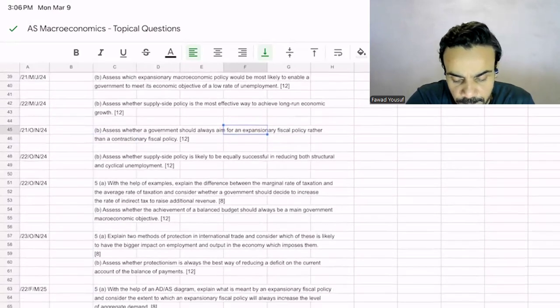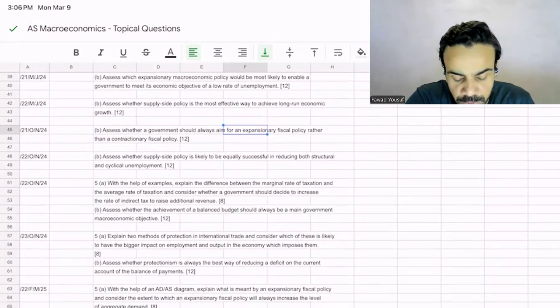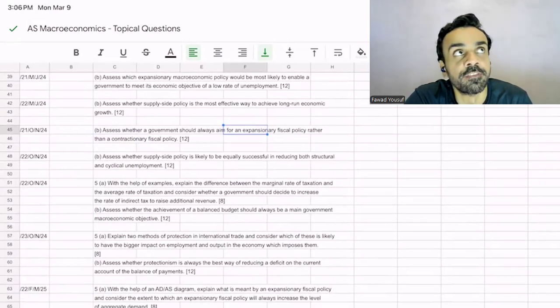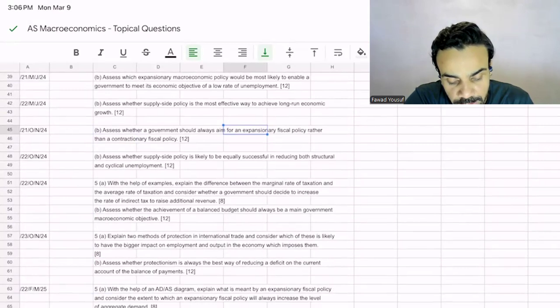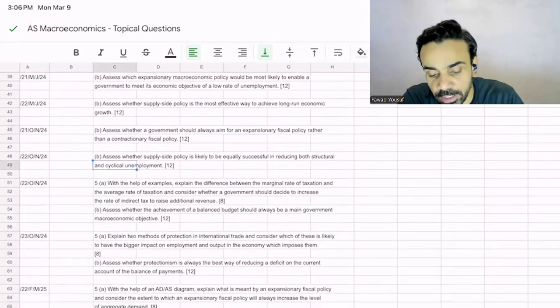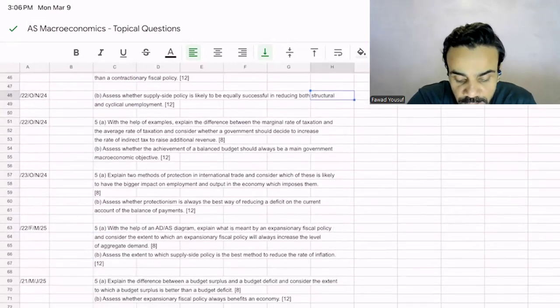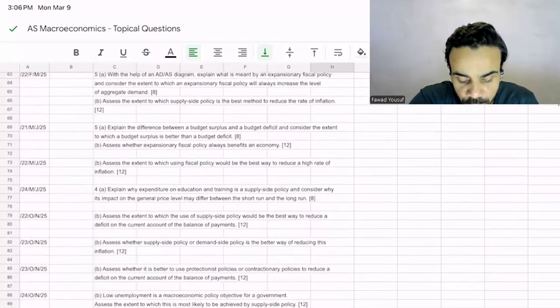Now in our session in November 2024, they specifically mentioned how a policy is likely to solve your structural and your cyclical problems. So they can really target questions.